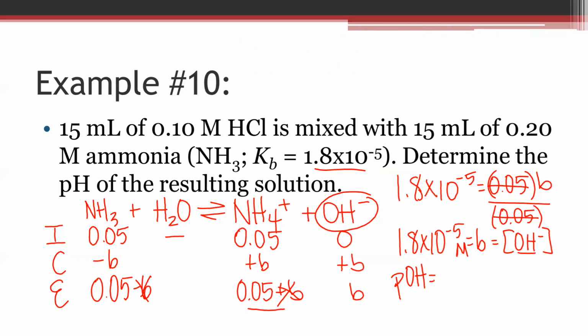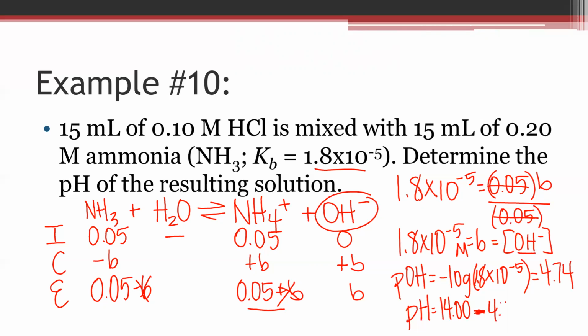It'll help us. So the pOH, when we take the negative log, is 4.74. And then to find just the pH, now we just subtract that from 14. That gives us 9.26.